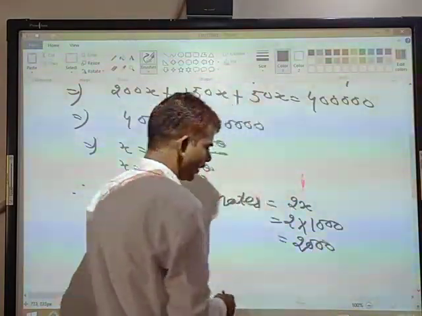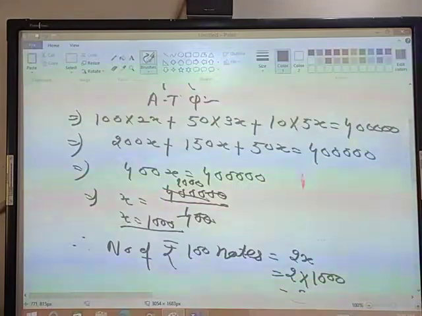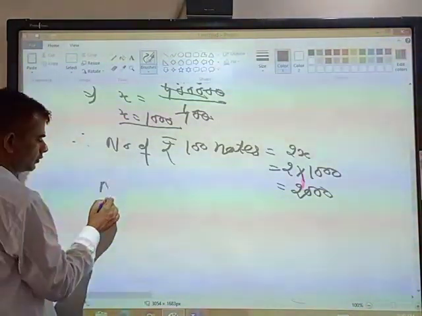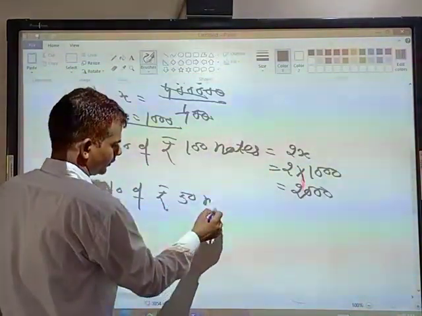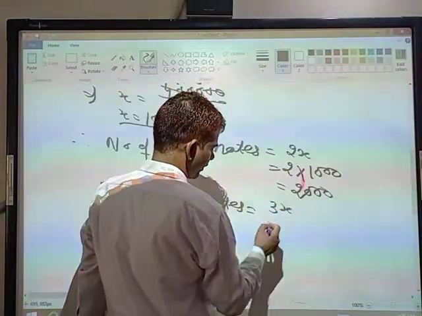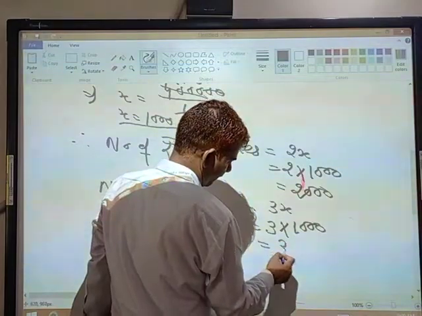And the number of 50 rupee notes, sir, 3000. That is 3x, 3 into 1000, 3000.